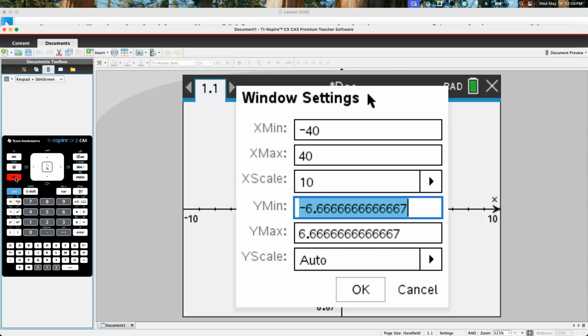Since we have a radius of 30 on the Ferris wheel and we're 10 feet off the ground, that means our Ferris wheel is going to be between 10 as a minimum of the y and 70 as a maximum of the y. So I like to see the ground, so I went 10 to 80 on those.